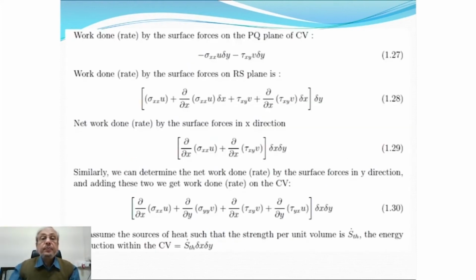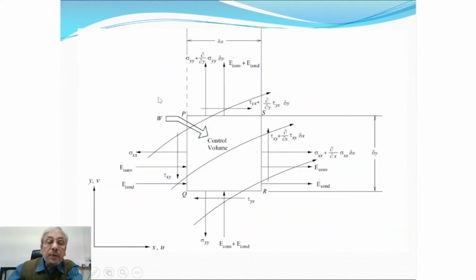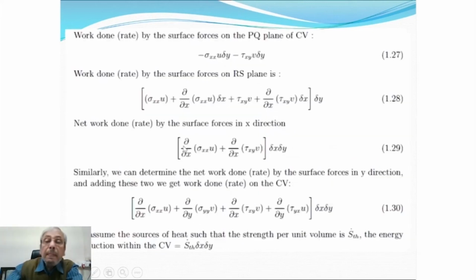So work done by the surface force on PQ plane of CV is minus sigma xx into u into delta y minus tau xy into v into delta y. This is very clear from here: minus sigma xx into u and minus tau xy into v acting on the surface delta y into 1.